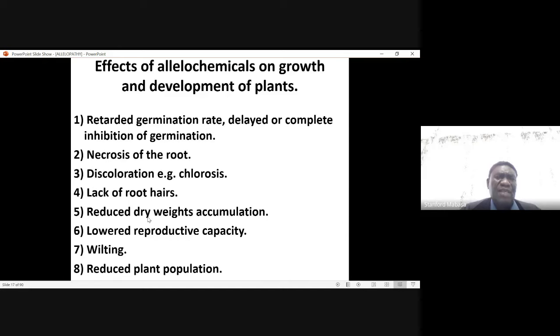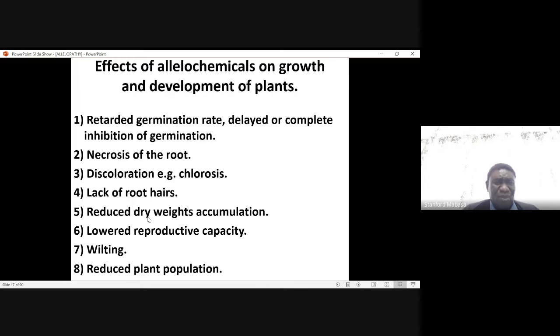Then there could be lack of root hairs as a result of coming into contact with the allelochemicals or leachates. Now, after absorbing the allelochemicals, this can actually cause a reduction in dry weight accumulation, or it can affect flowering and lower the reproductive capacity.